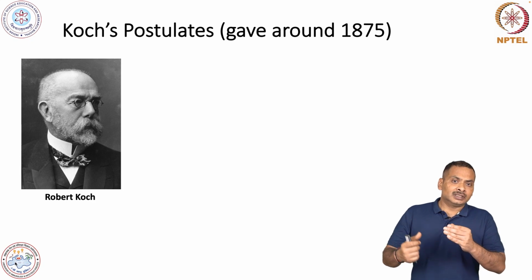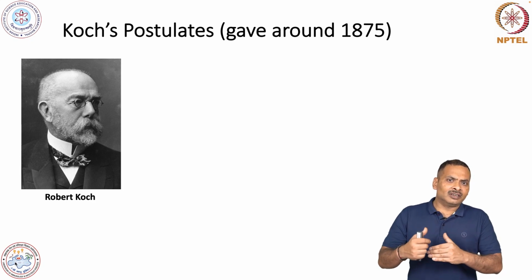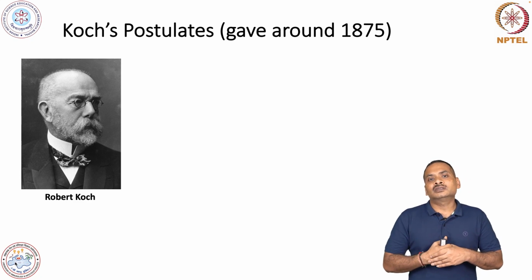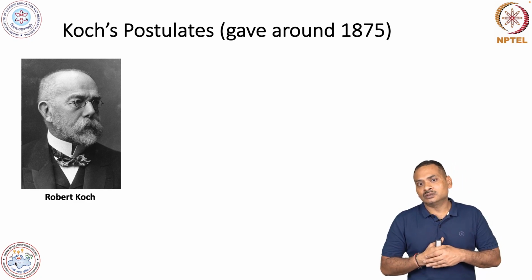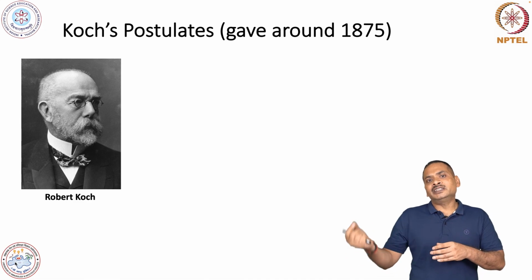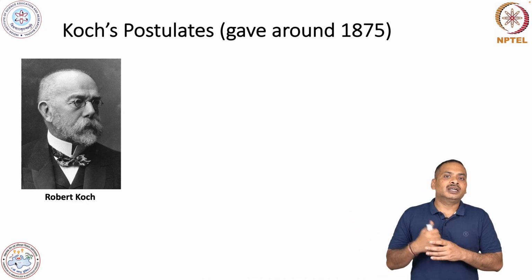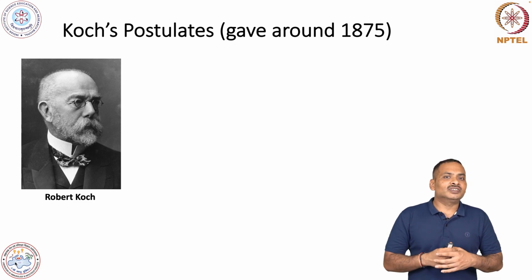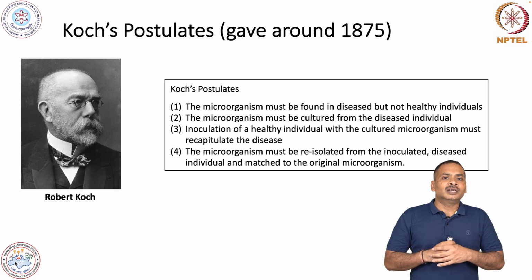Once this rabbit developed full-blown disease, he took out its lymph node and inoculated another rabbit, and that also developed the disease. So basically he gave the concept of infection.